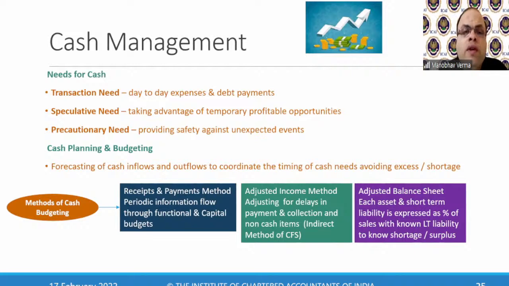So in terms of cash management, we need to understand the various reasons for the company to hold cash. And when I'm saying cash, guys, am I talking about actual hard cash? Of course, it could be electronic money or hard cash, both, right? So we're talking about cash in bank here. What is the reason why companies need cash in bank?